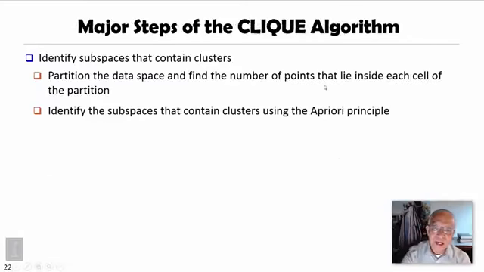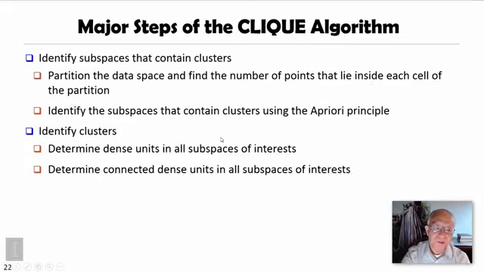The major steps of the CLIQUE algorithm: first, try to identify subspaces that contain clusters. That means we partition the database space into the grid structure, then find the number of points that lie inside each cell of the partition. Then identify the subspaces that contain the clusters using the a priori principle.